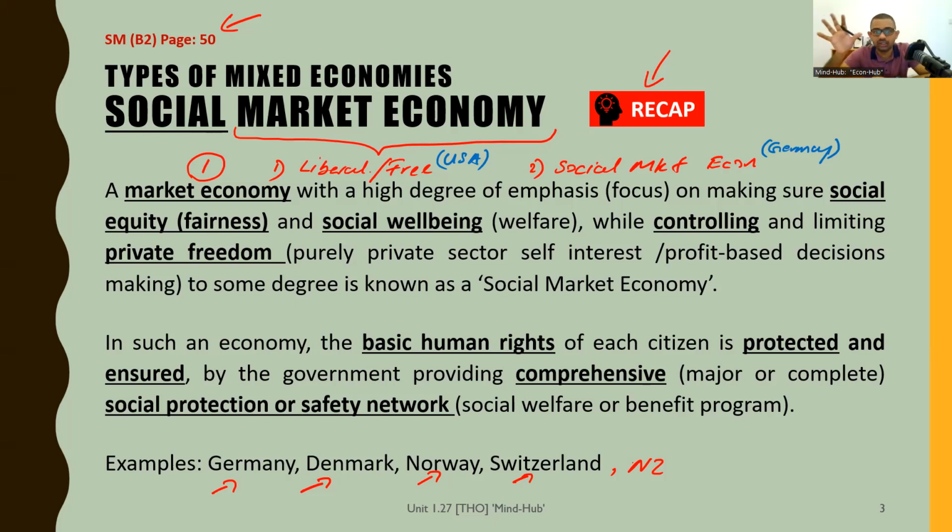So that uncontrolled, untamed, unchecked private sector freedom makes the society very unfair, very unequal, and there's a lot of exploitation, a lot of inequality, right? A big gap between the rich and the poor in a liberal market economy.